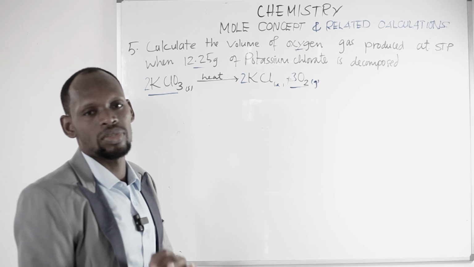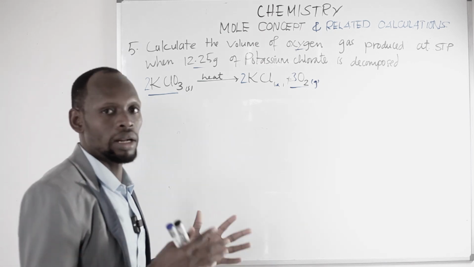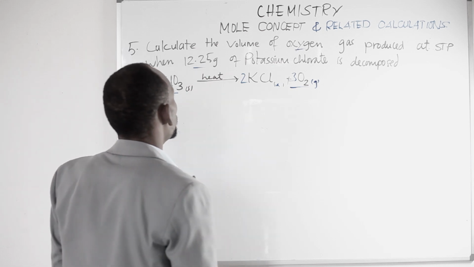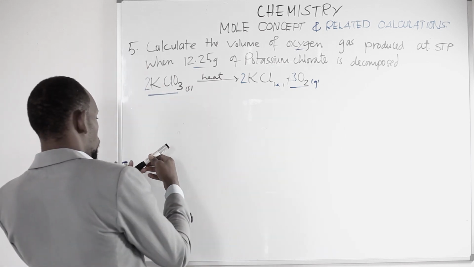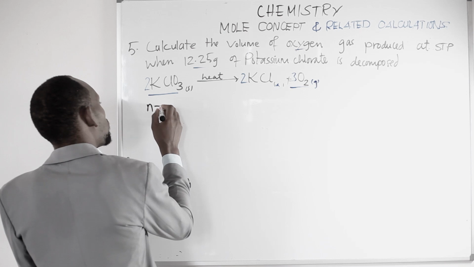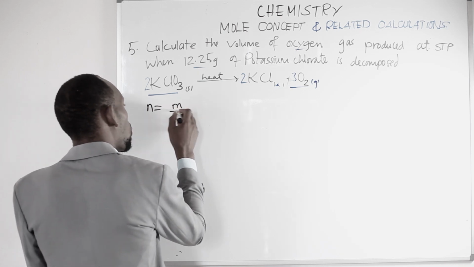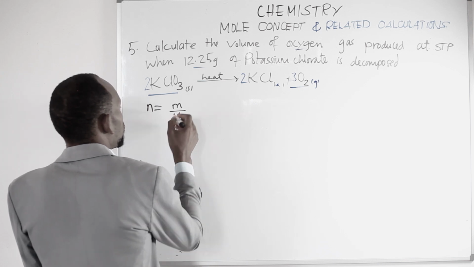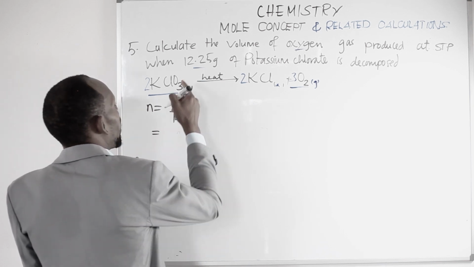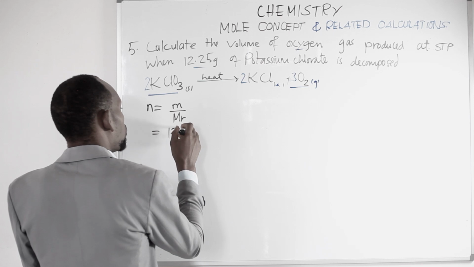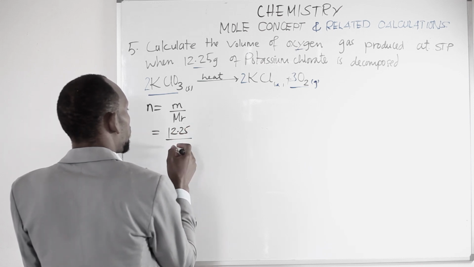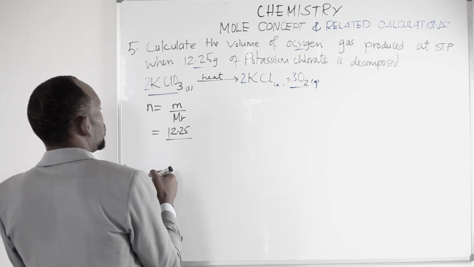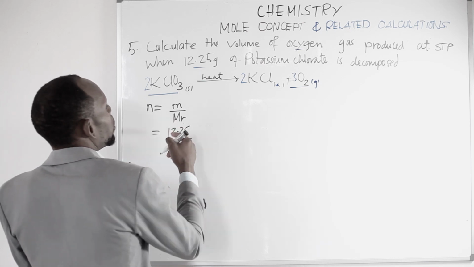Step number 3: find the number of moles for the one that you are given. Number of moles for potassium chlorate is given by mass over molar mass. So the number of moles will be the mass, 12.25, divided by the molar mass of potassium chlorate. What is the molar mass?